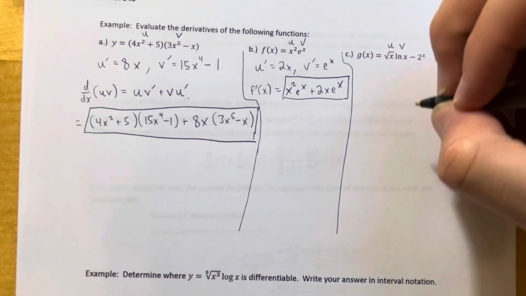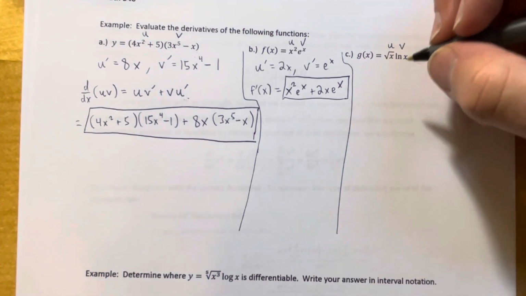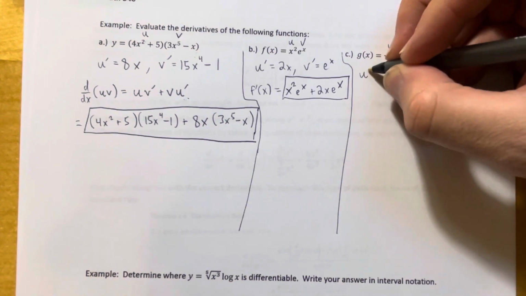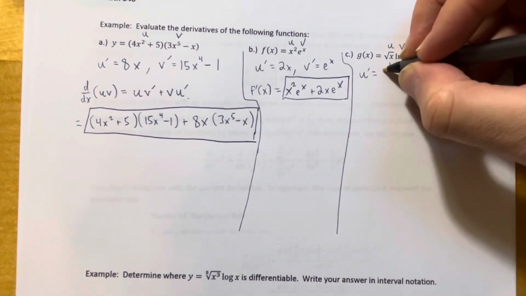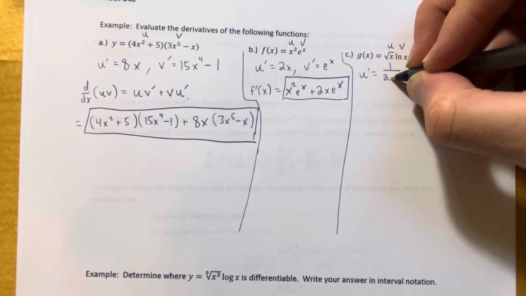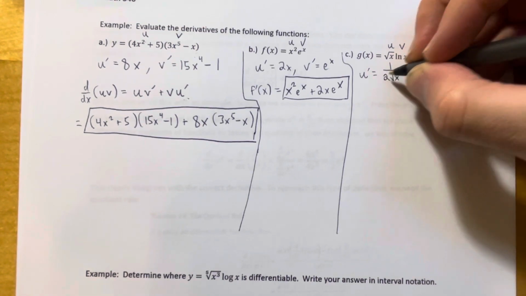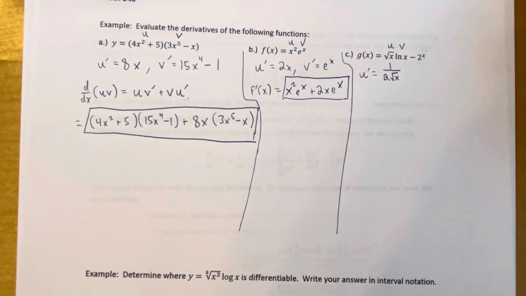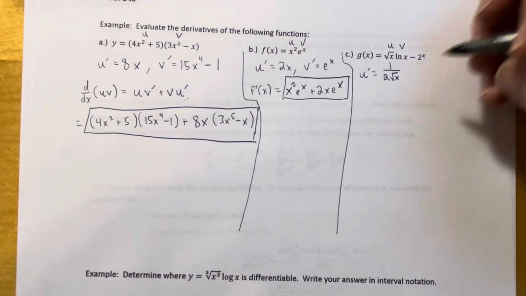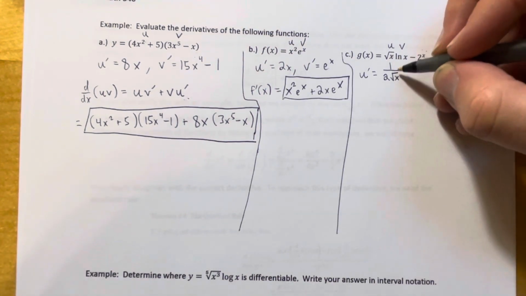Now we have found the derivative of the square root of x before. U prime, in a previous section, we showed that this is equal to 1 over 2 root x. You shouldn't just memorize that. You should be able to show how we got from here to here.